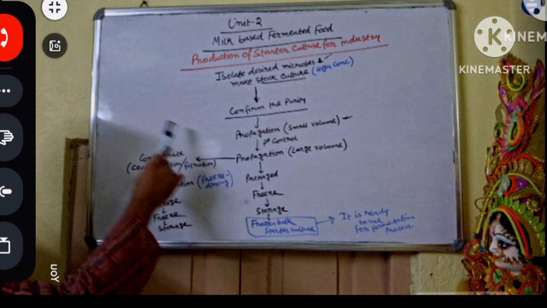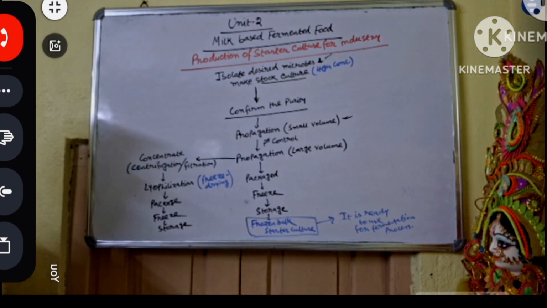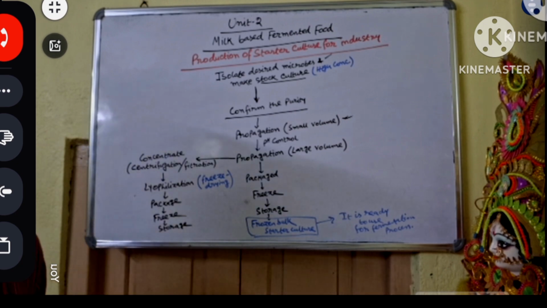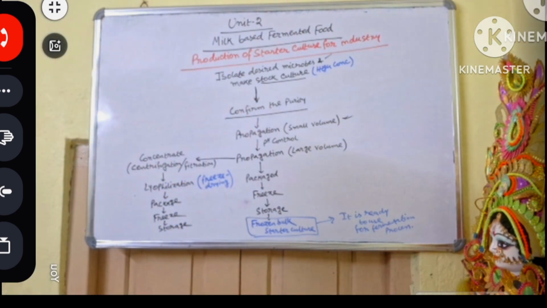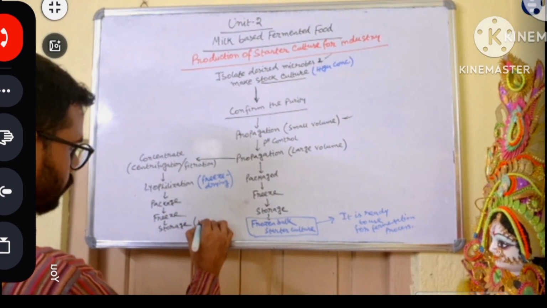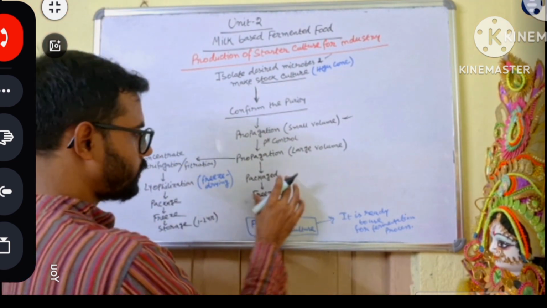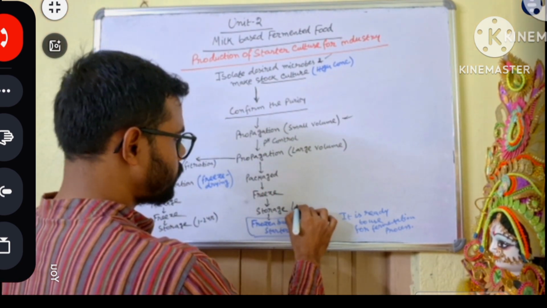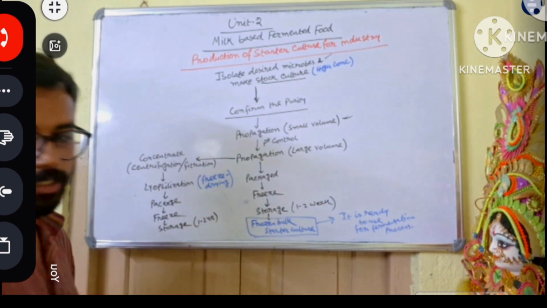But if you did lyophilization, you can store it for 1 or 2 years without any hampering. In the first scenario, that storage, which is only freezing, is for just 1 or 2 weeks, and the starter culture has to be used within that time.